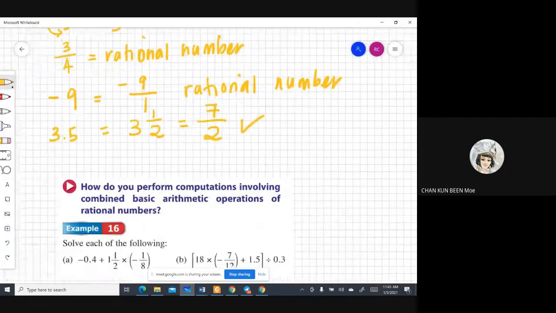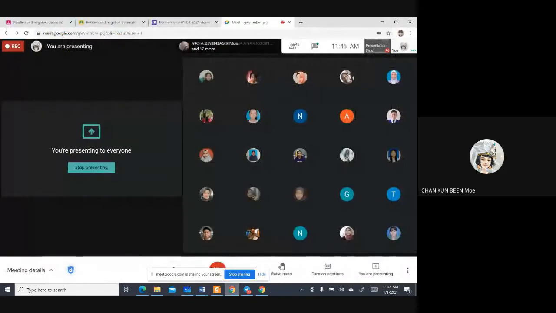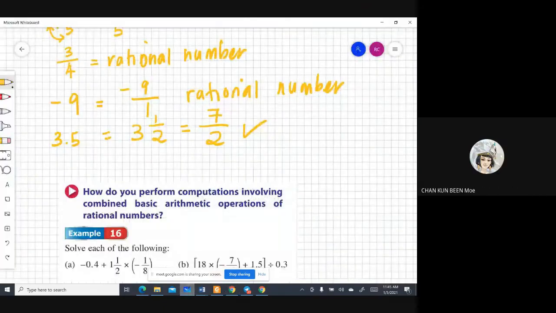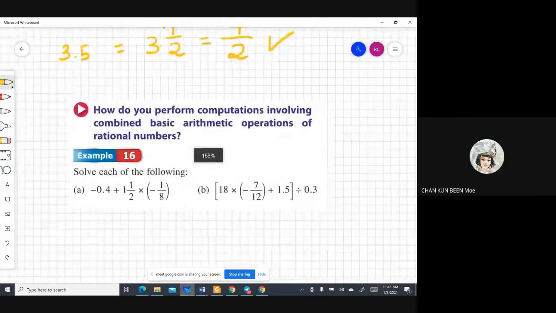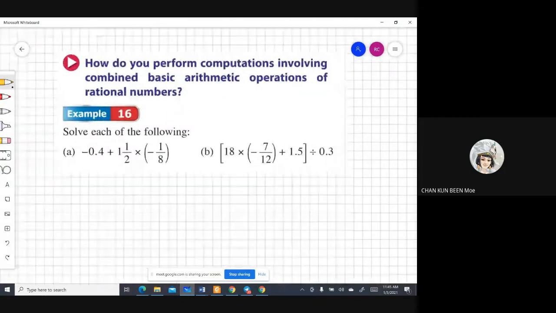Any questions so far, class? No? You all understand? Okay, I'm going to continue. Very good. So next, you are going to learn how to perform computations.